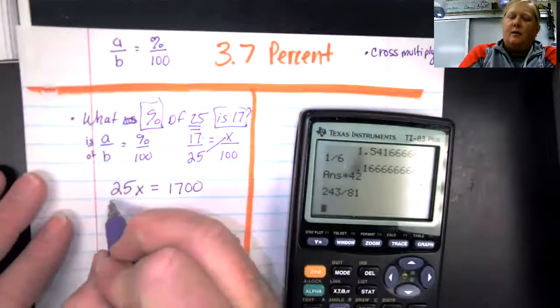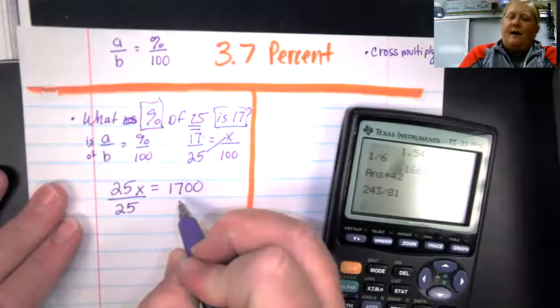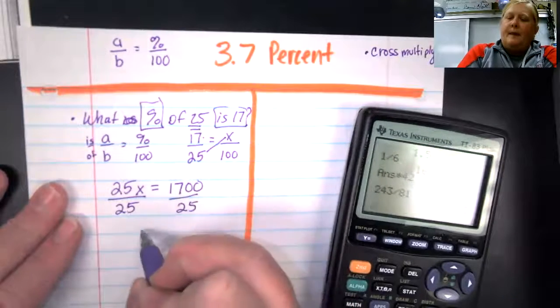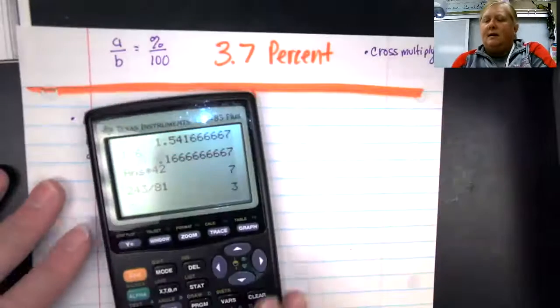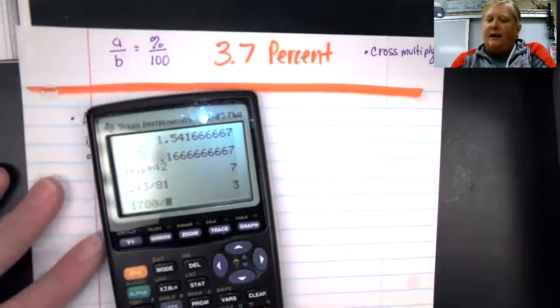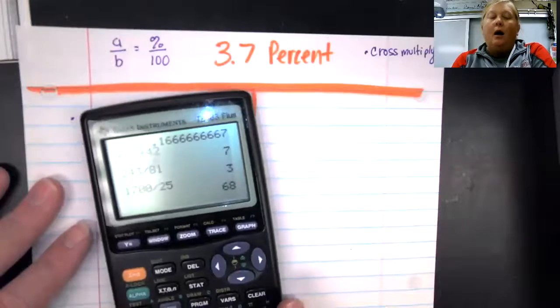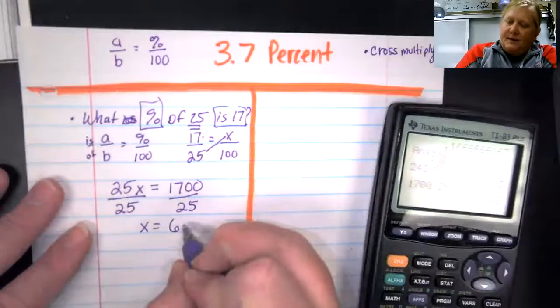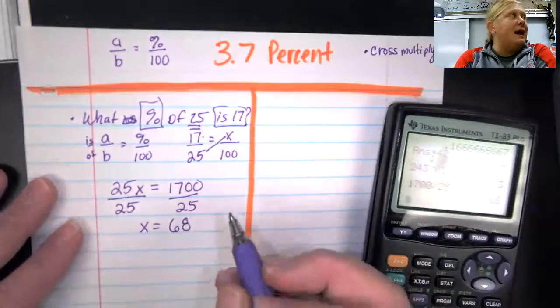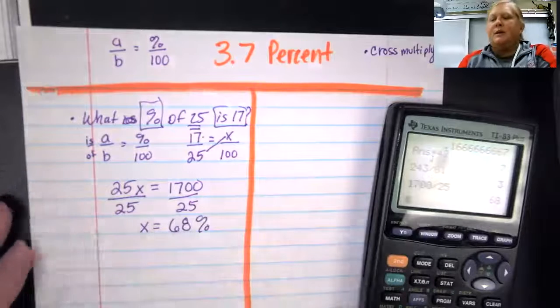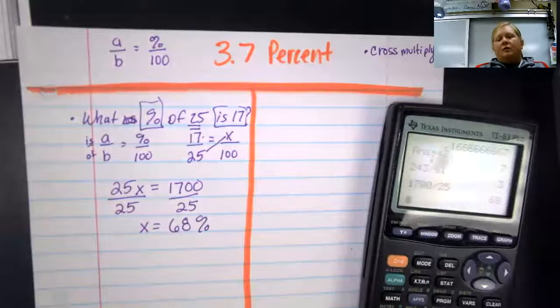What can I do here? That's right, you divide by 25 on each side. So x equals 1700 divided by 25. That's 68. 68 what? 68%. I don't have to multiply it by anything. The percent is already there.